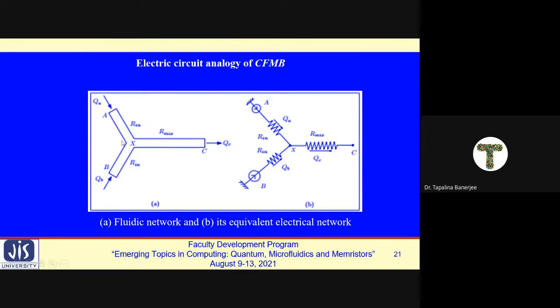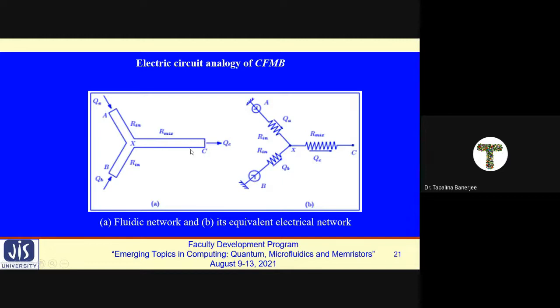In case of this hydraulic circuit, we can see we have a concept of fluid pressure. This fluid pressure is equivalent to the voltage of an electric circuit. Volumetric flow rate of a fluidic or hydraulic circuit can be mapped as a current in the electric circuit.